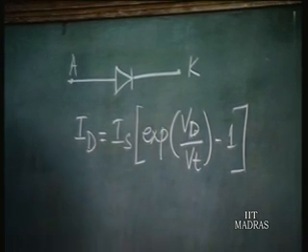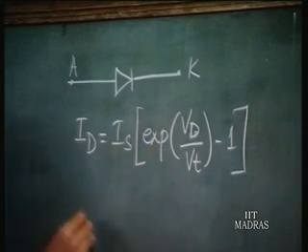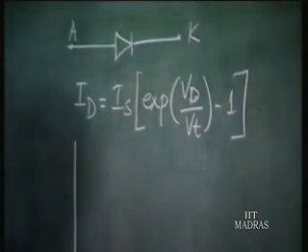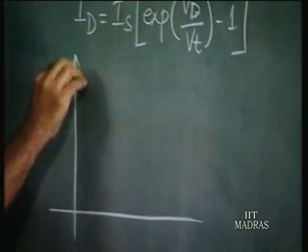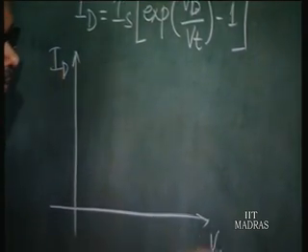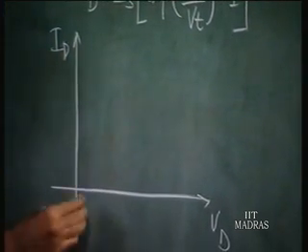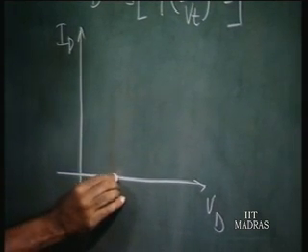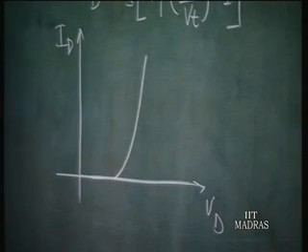Normally, if you plot the current versus voltage on a linear scale, the characteristic is going to be something like this.